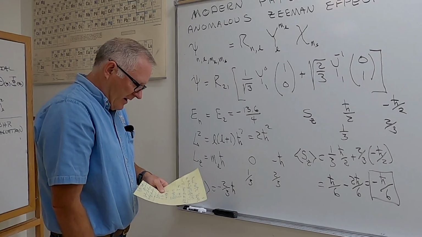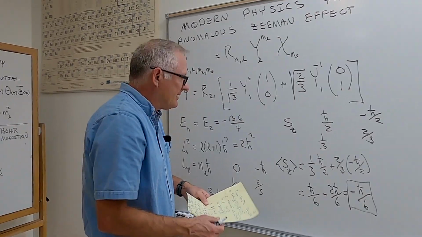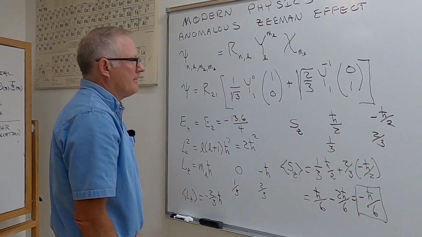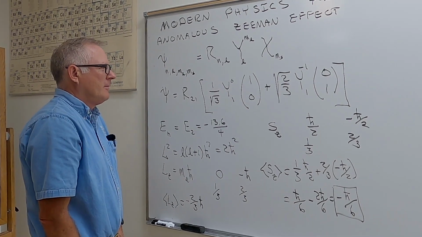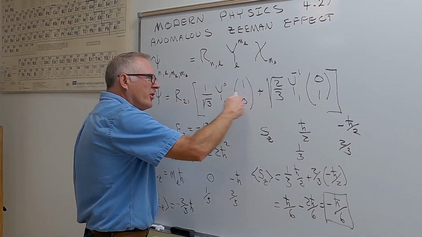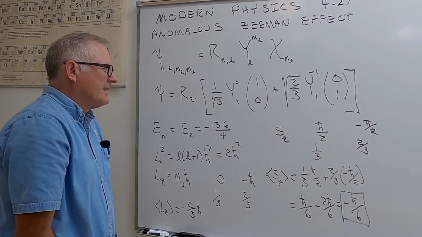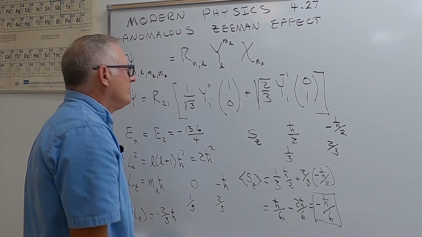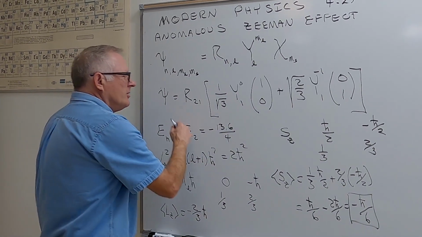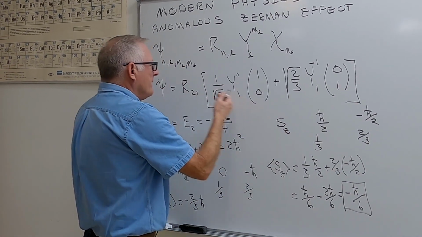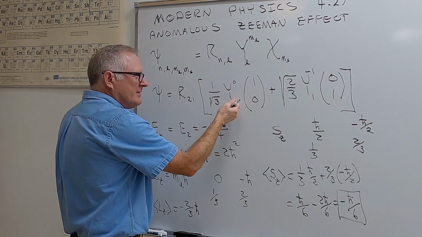Suppose we wanted to find the average of S sub x right here. Well, I'd probably have to turn this into rights and lefts right here. So now you'll notice when we do the S here, the R's and the Y's don't even matter.